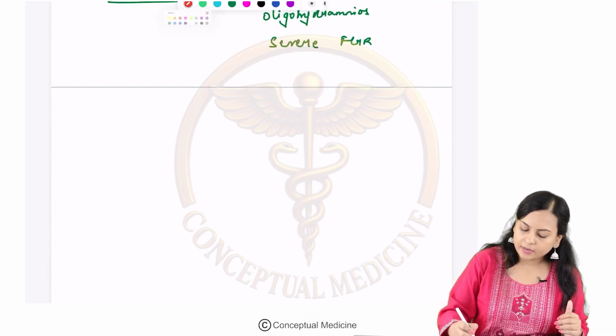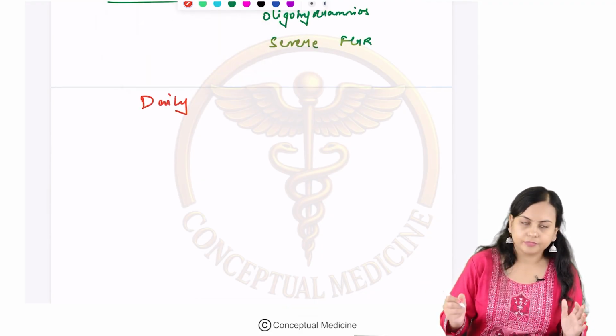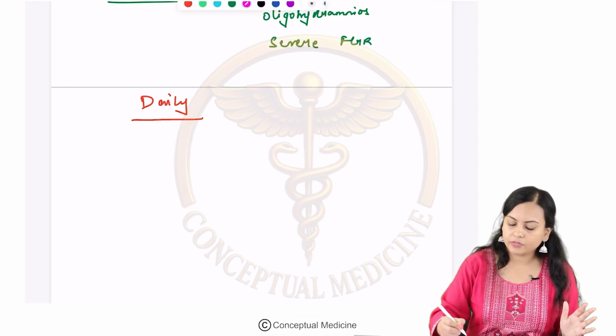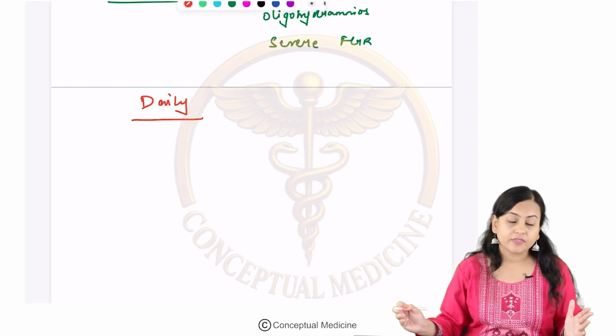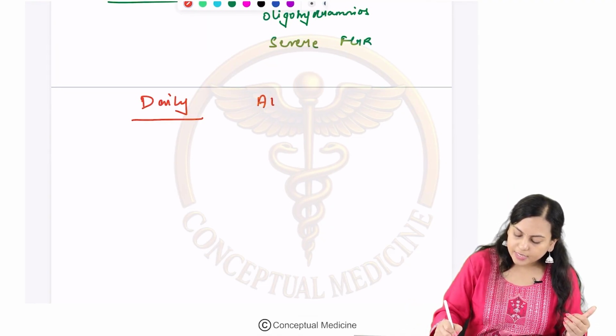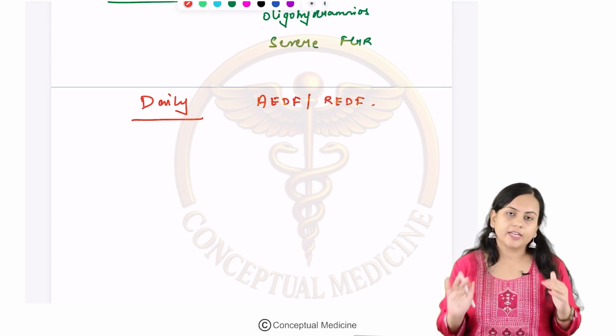And remember, this is needed daily. Okay, when? Yes, tell me, when do you have to do it daily? Yes, when there is a change in umbilical artery Doppler, like absent end diastolic flow or reversed end diastolic flow, you are going to repeat it every day.